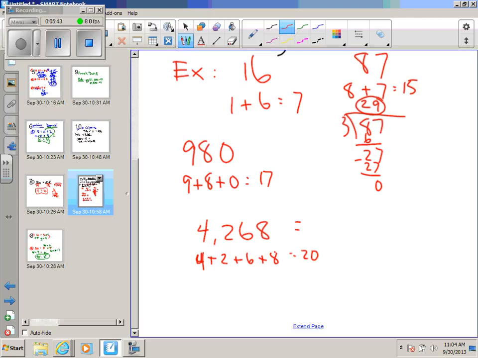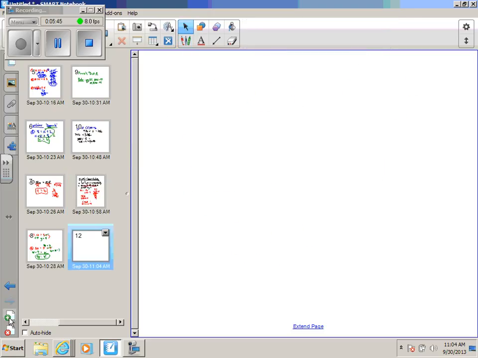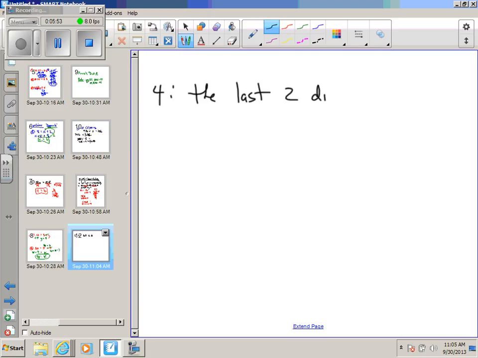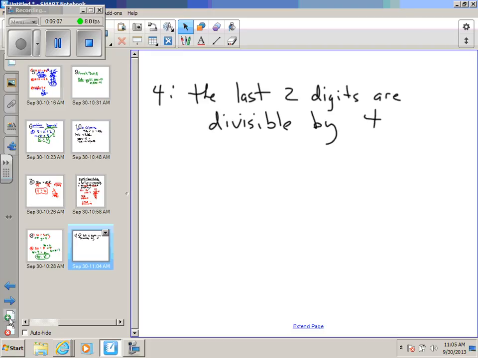Okay? Now let's look at the rule for 4. Now don't confuse 4 with 3. Do you see the word sum at all in that definition?